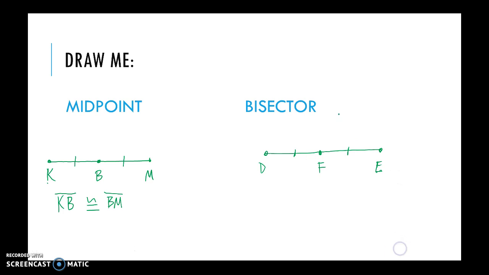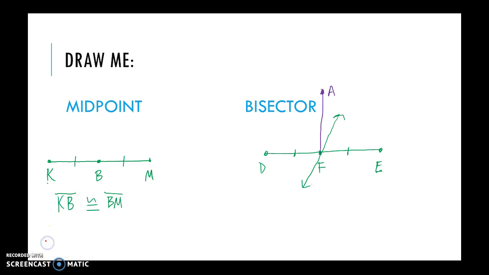So if it's a line, we could say that line is going to go through point F, through the midpoint. If I want to make it a segment, then I can say here, FA would be a segment, and it could be a ray.